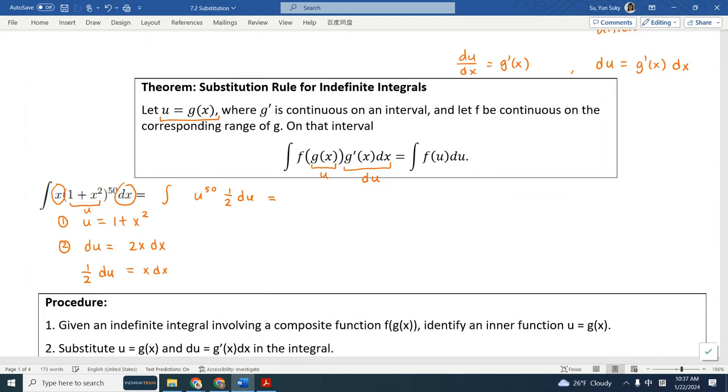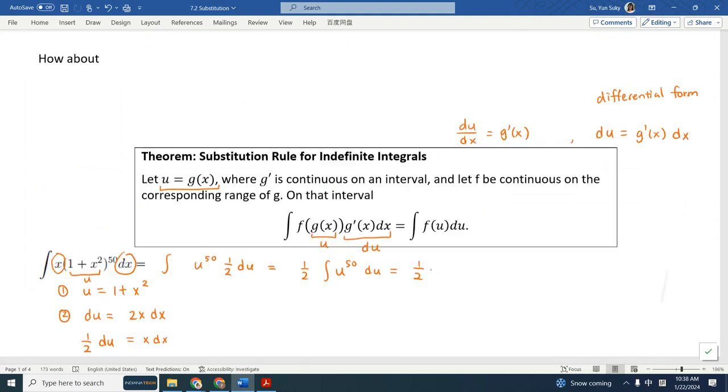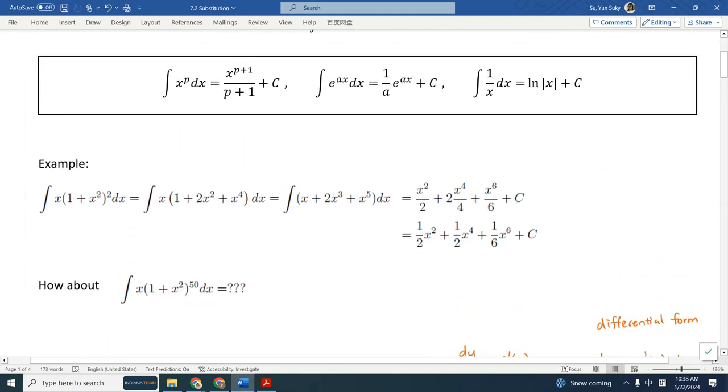Okay. So now, the constant multiple 1/2, what do you do to it? Move it outside. Now, you get an integral about u. This is one of those 3 kinds: either a power function, an exponential function, or a logarithm.